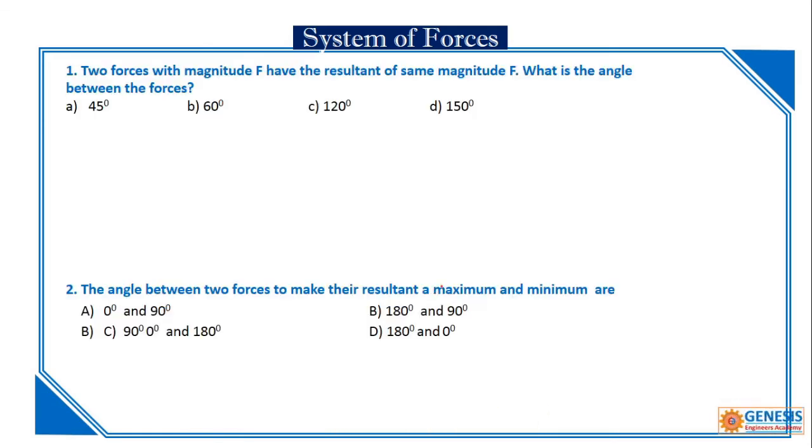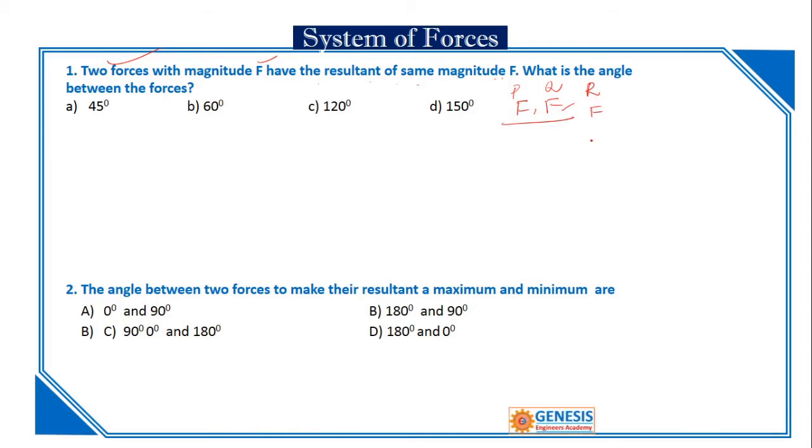Two forces of magnitude F, so P is F, Q is also F, and have the resultant of the same magnitude. So R is also F. What is the angle between the two forces?